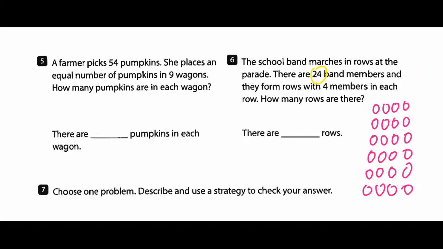Then you have to count how many rows I made. Well, let's count them. 1, 2, 3, 4, 5, 6. So for number 6, there are 6 rows that I make.